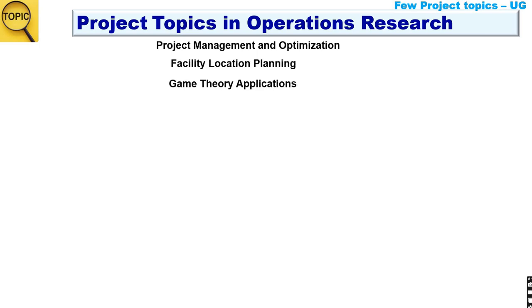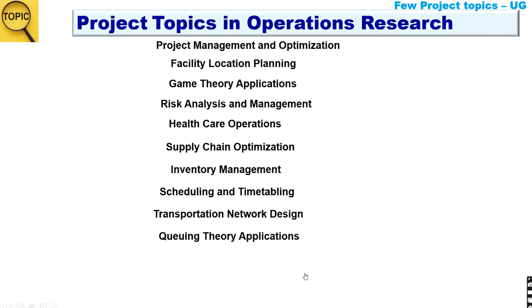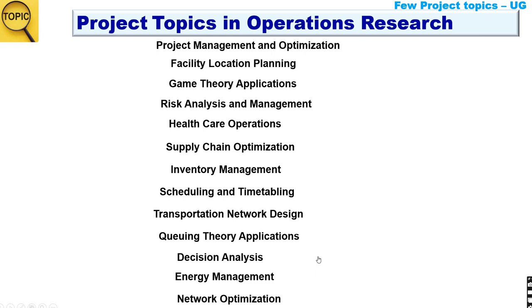Then you have project topics in operations research: project management and optimization, facility location problem, game theory applications, risk analysis and management, healthcare operations, supply chain optimization, inventory management, scheduling and timetabling, transportation network design, queuing theory applications, decision analysis, and that will be an interesting one, energy management, network optimization.